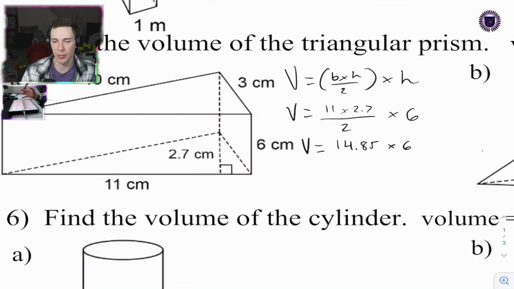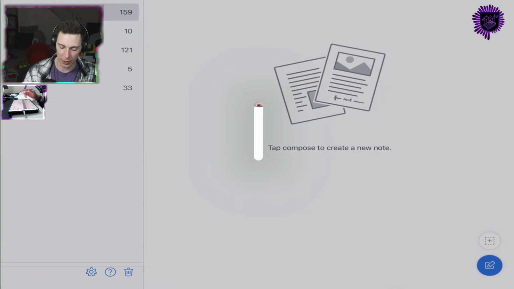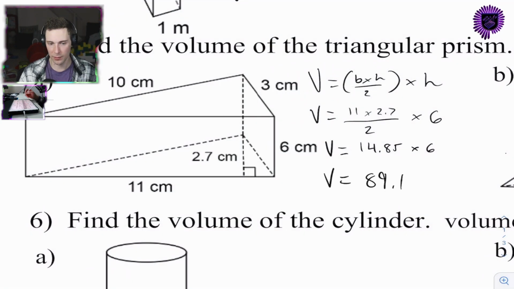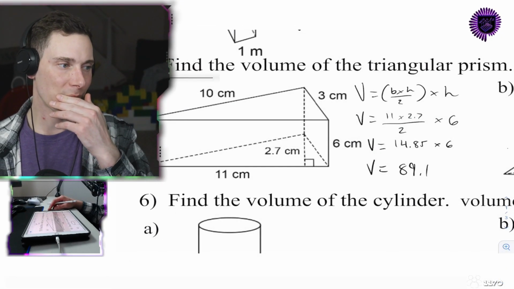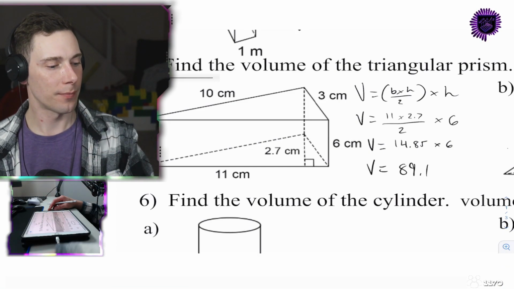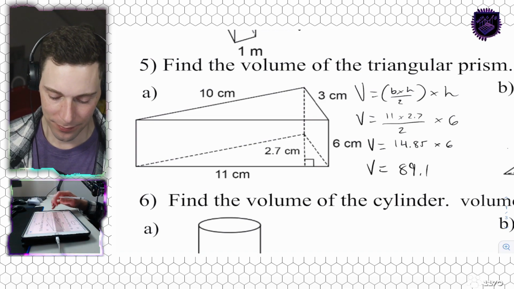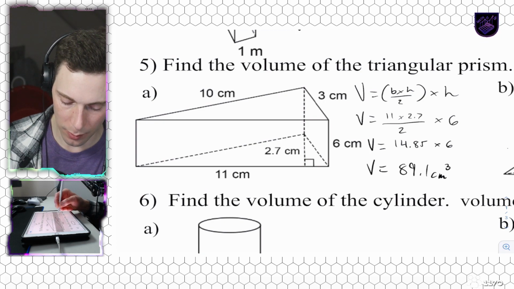It's called the height, but it's the depth, the length of that shape. So 14.85 times 6 is equal to 89.1. Volume equals 89.1. Weird. 89.1 centimeters cubed.